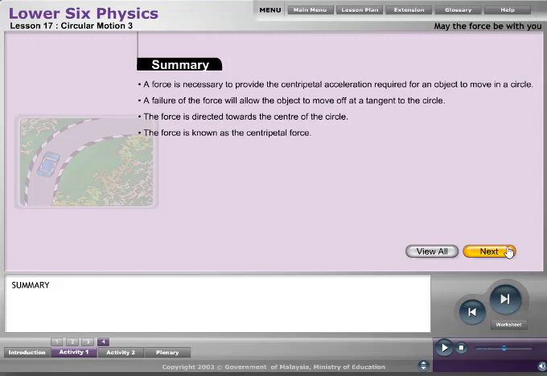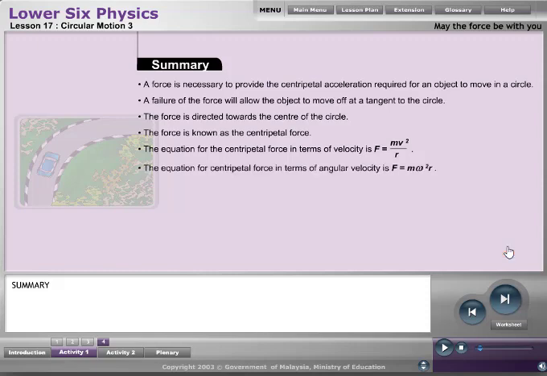The force is known as the centripetal force. The equation for centripetal force in terms of velocity is F equals mv squared over r. The equation for centripetal force in terms of angular velocity is F equals m omega squared r.